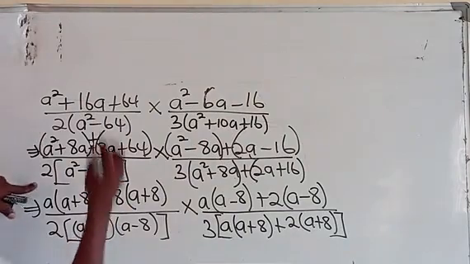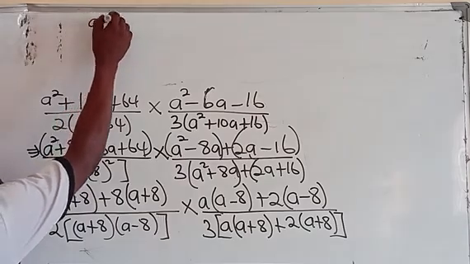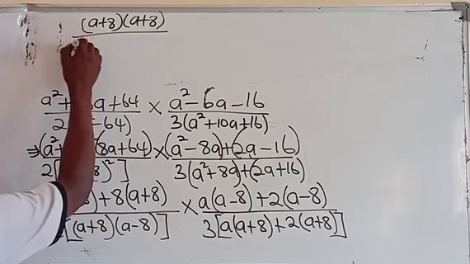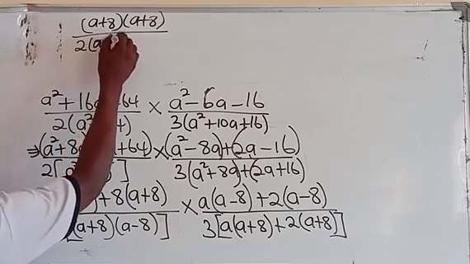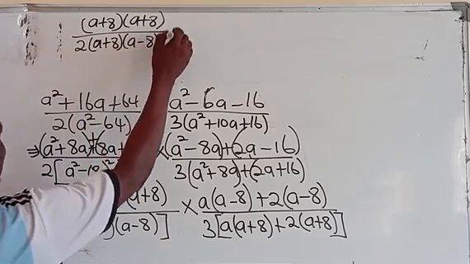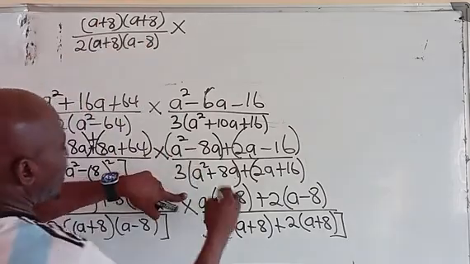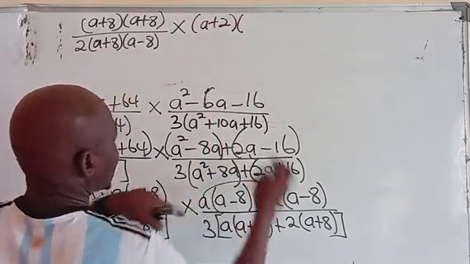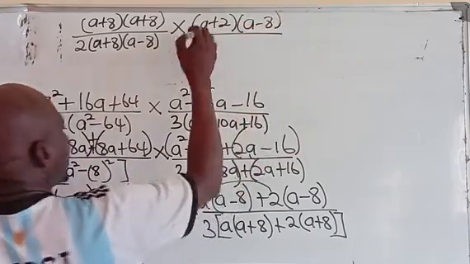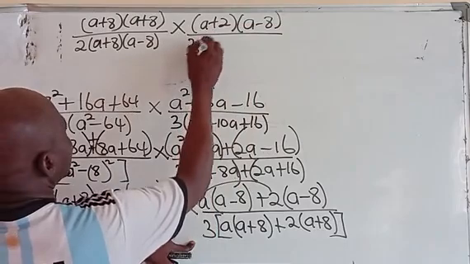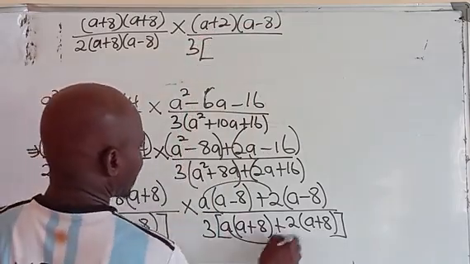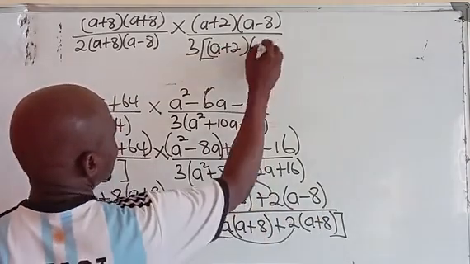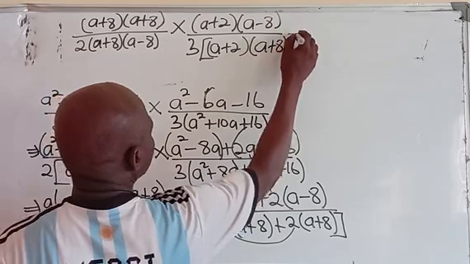So I have, from here, a plus 8, a plus 8 over down 2 into a plus 8 bracket a minus 8, again now times, if I come here, this and that, a plus 2 and then the bracket a minus 8, over down here I have 3 into this and that, a plus 2 and then a plus 8, like this.